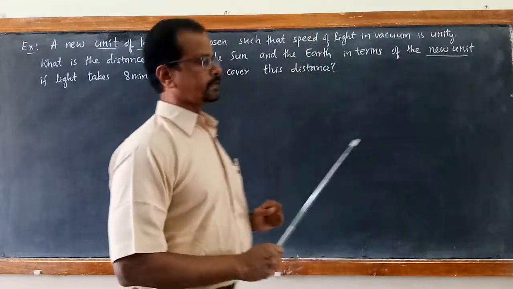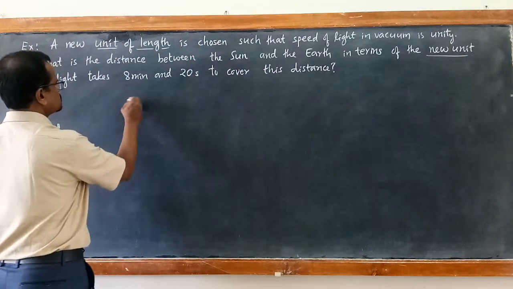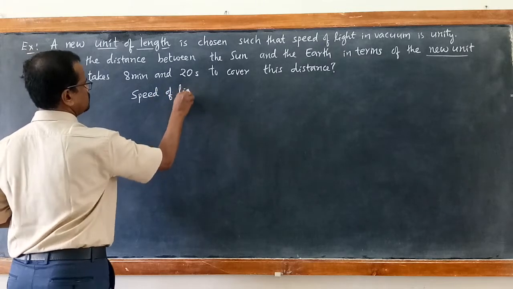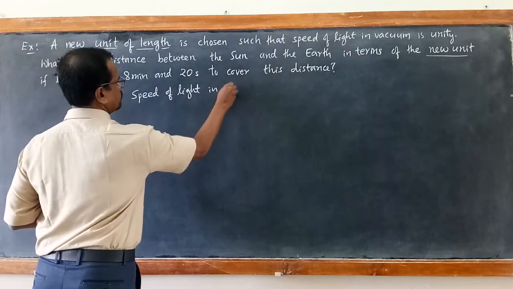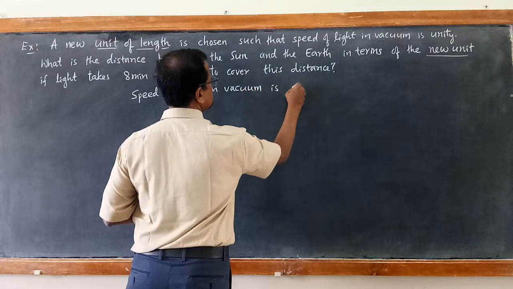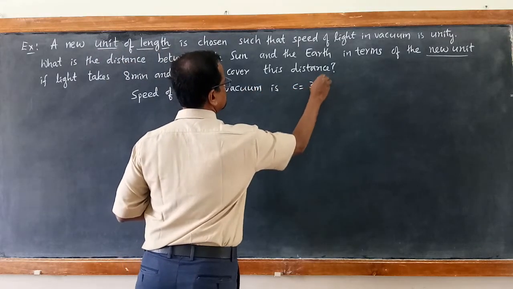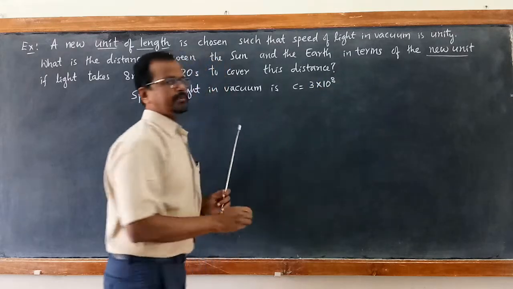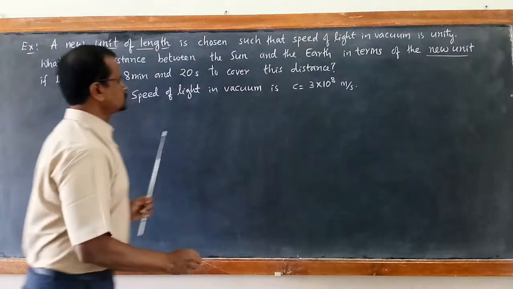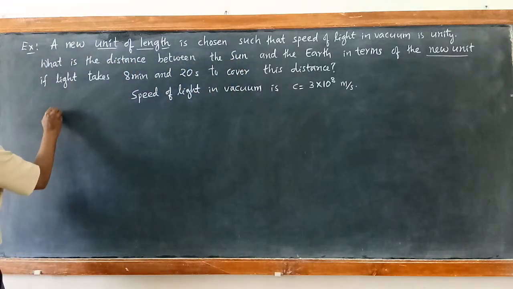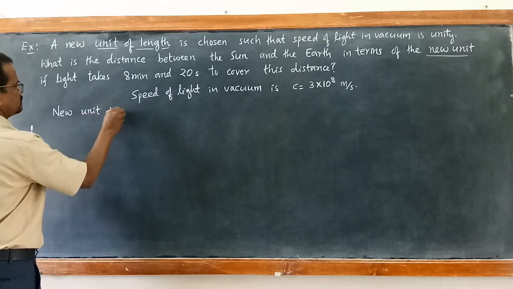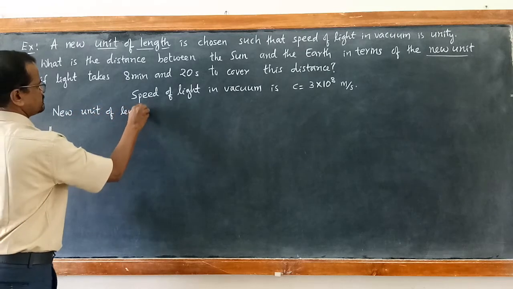Now new unit is chosen. You know the speed of light. Speed of light in vacuum is C equal to 3 into 10 to the power of 8 meter per second. New unit of length. See here, it is unit of length.